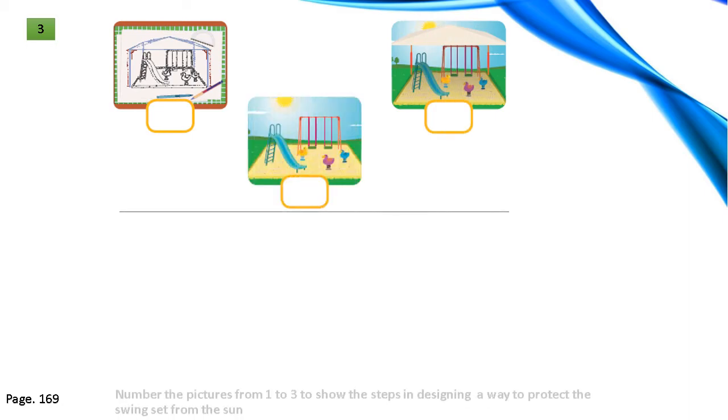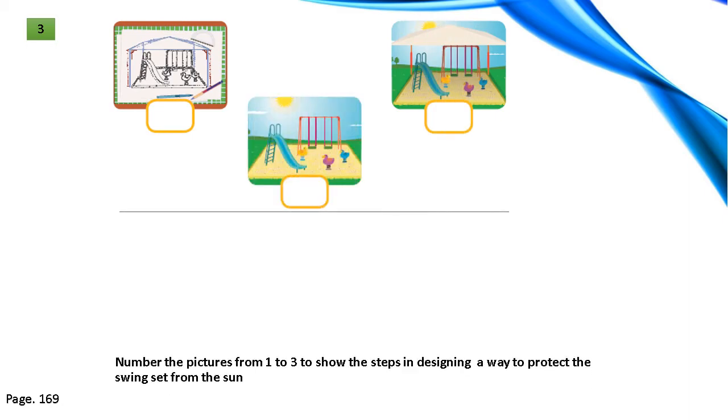Moving on to exercise number 3 on page 169 in our science book. And here we are asked to look at these three pictures in front of us and to number them from 1 to 3 to show the steps in designing a way to protect the swing set from the sun.